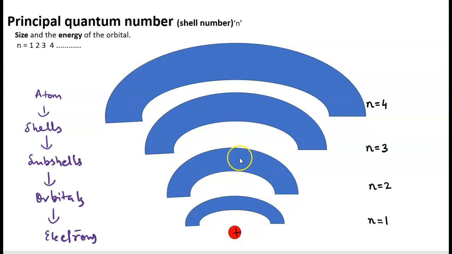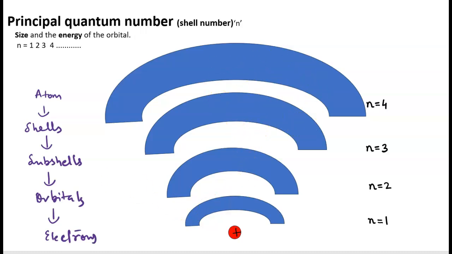It becomes farther from the nucleus, its size will increase, and its energy will also increase. So as we move away from the nucleus, the size of the orbitals in these energy levels becomes larger, and also the energy of the electrons present in those orbitals increases as the distance from the nucleus increases.